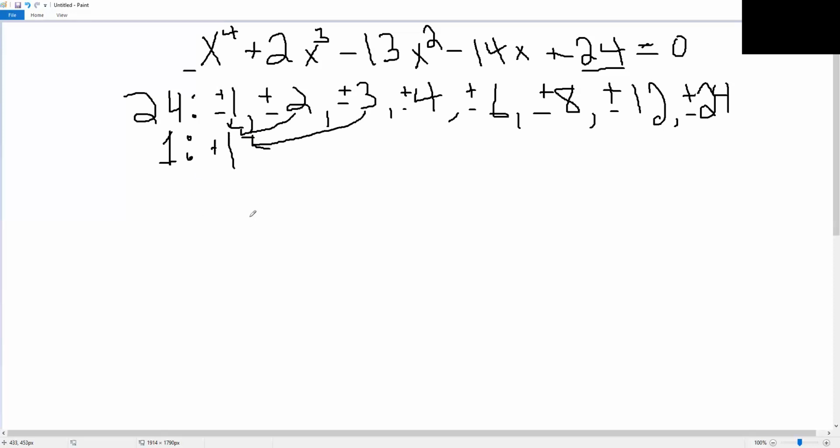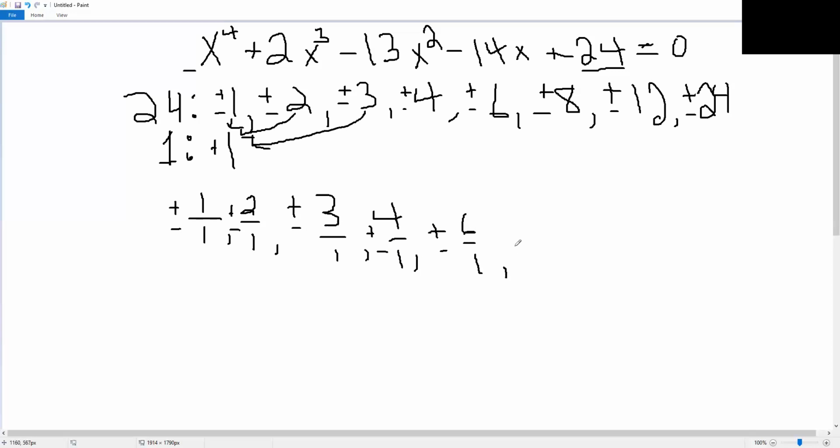So we're going to do this by saying plus or minus 1 over 1, 2 over 1, 3 over 1, 4 over 1, 6 over 1, 8 over 1, 12 over 1, and 24 over 1.